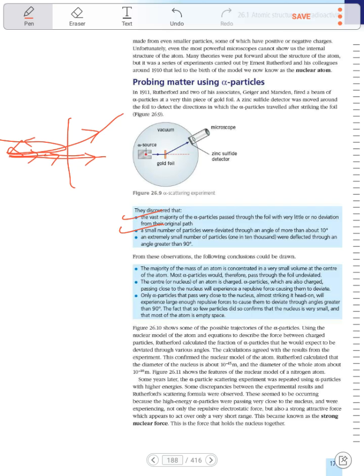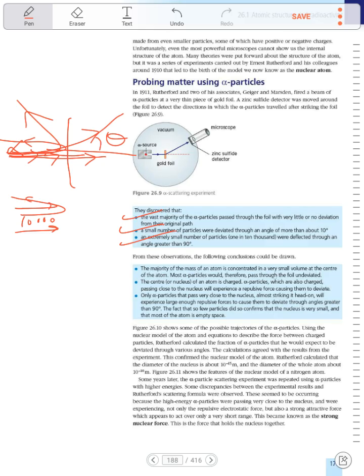A small number of particles were deviated through an angle of more than 10 degrees. This is the angle. An extremely small number of particles, 1 in 10,000, were deflected through an angle greater than 90 degrees, like this or this. Of each 10,000 rays moving forward, 1 or 2 will deflect by this angle.